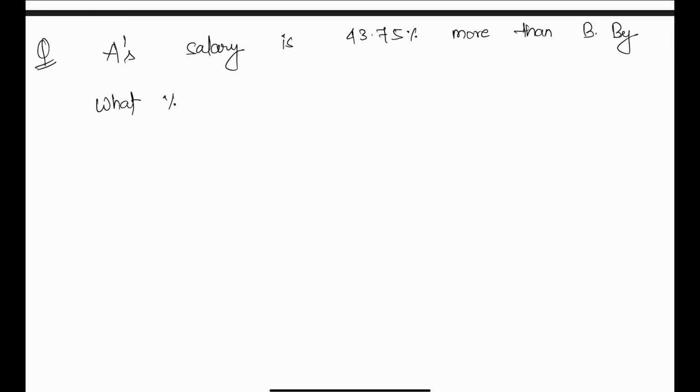So let's suppose a's salary is 43.75% more than b. So by what percent is b's salary less than a? So a similar kind of question and the approach will be the same.